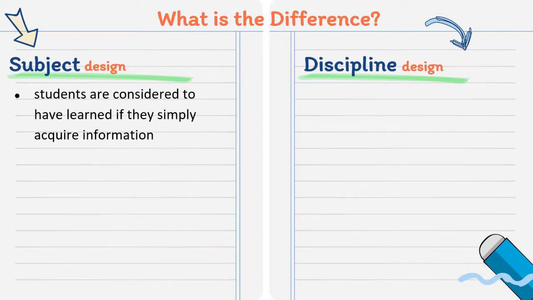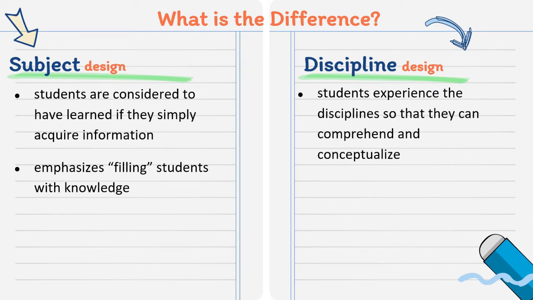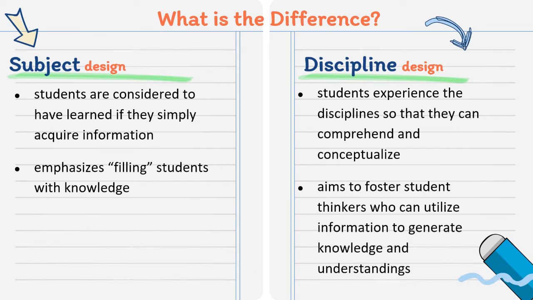Number one, in subject design, students are considered to have learned if they simply acquire information. It emphasizes filling students with knowledge. While in discipline design, students experience the disciplines so that they can comprehend and conceptualize. It aims to foster student thinkers who can utilize information to generate knowledge and understandings.